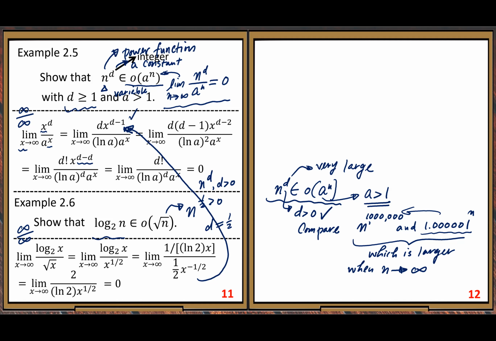So we get that little o expression. Then our conclusion. Now here I use square root of n, that's just a special case, right? And we can have a general case.